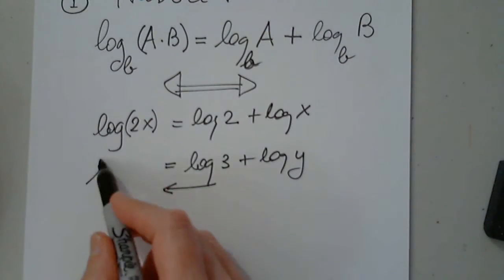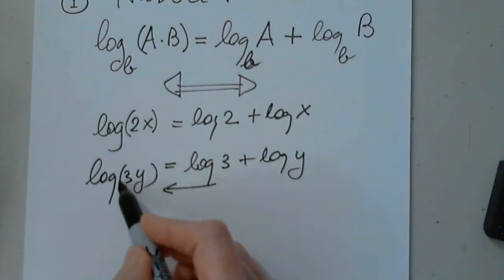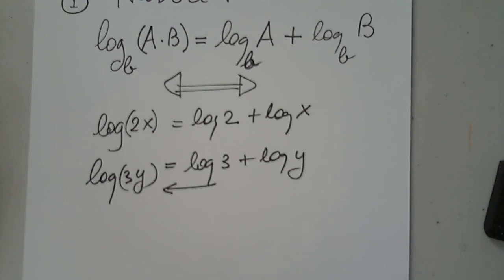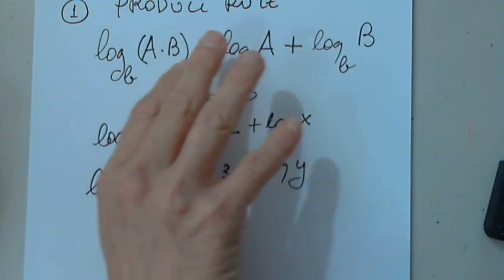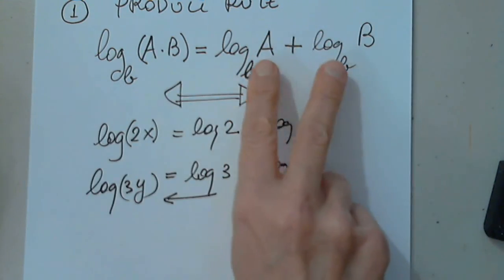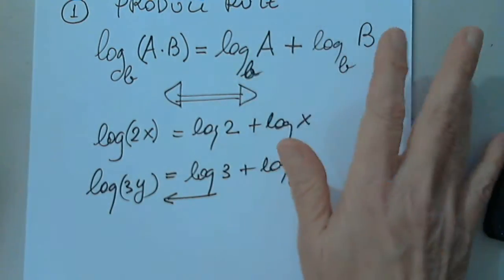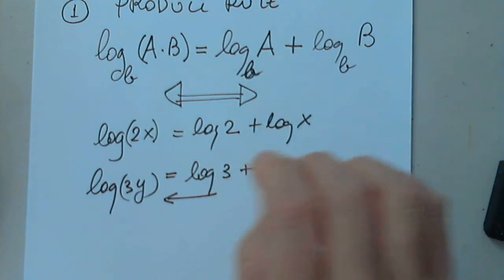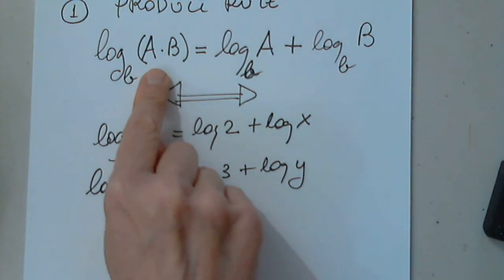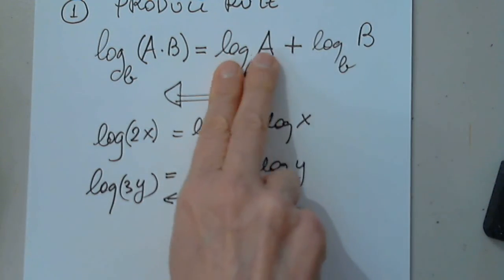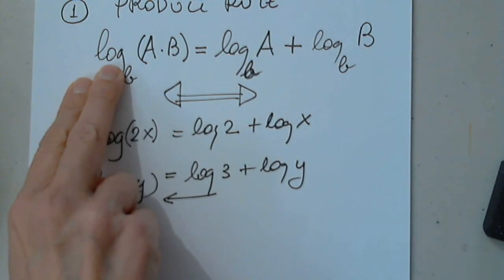Log 3y. Excellent. So this is a very important property. When we expand something like this into two or more logs, we are expanding. When we go back, we are condensing. We are condensing from 2 logs into 1.